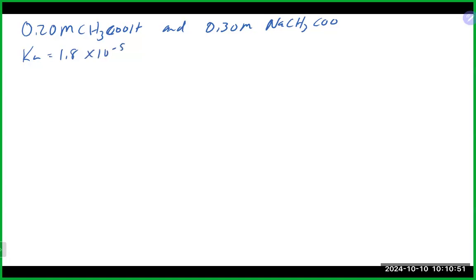So in this case, we do have still a weak acid. So that is the thing that's going to really set up the equilibrium here. So we'll have the same equilibrium we had previously, which is our acetic acid breaking apart into H plus our acetate.